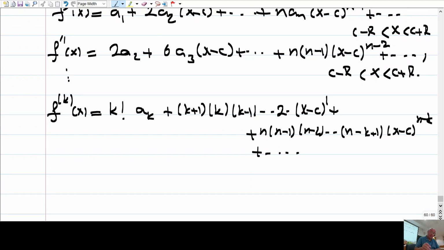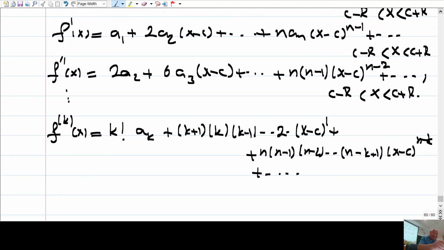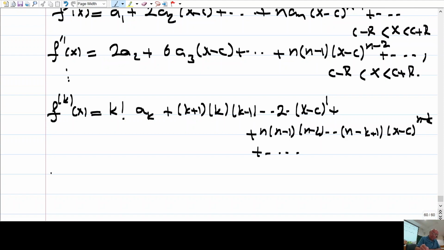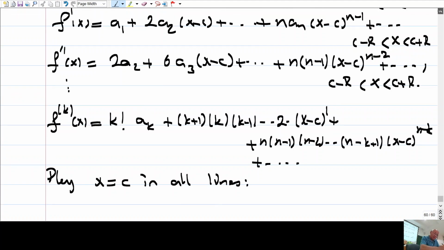Okay, so we have all these. Now plug x equals c in all lines.